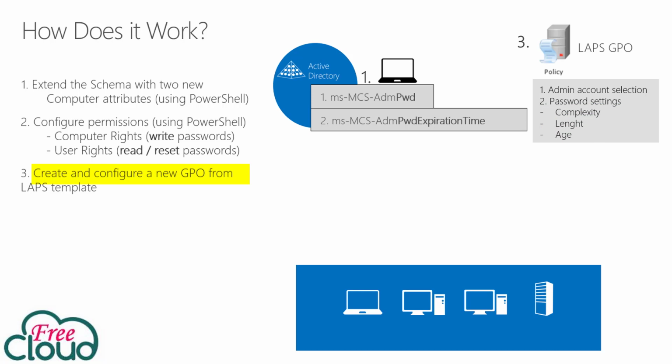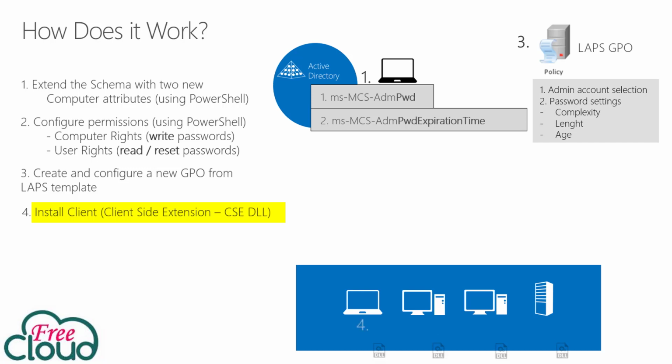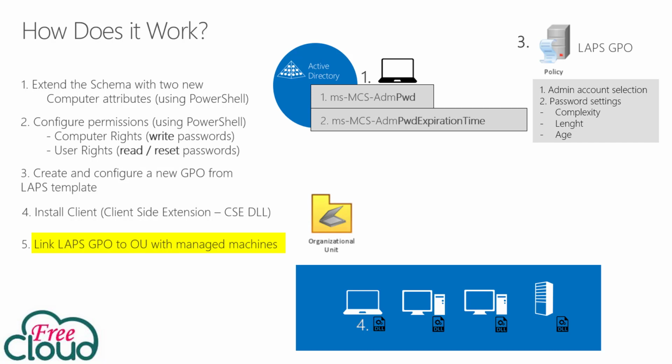Also, the group policy is responsible for deploying and installing the client-side extension, CSE, on each domain joined computer as a single DLL file that is the core of the LAPS solution. Okay, then link the LAPS group policy to Active Directory OUs to allow LAPS to manage all computer accounts.